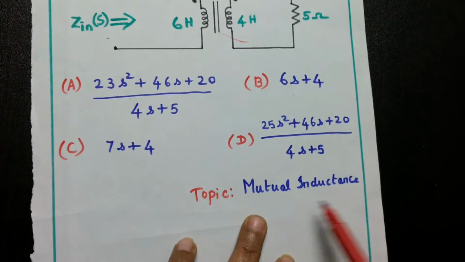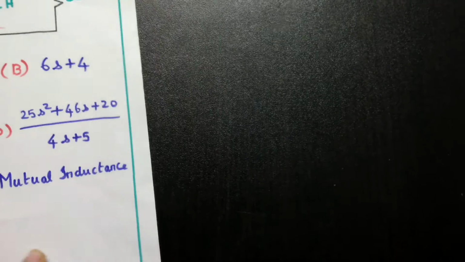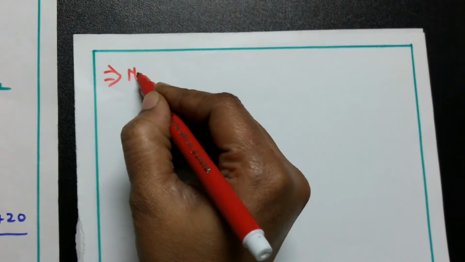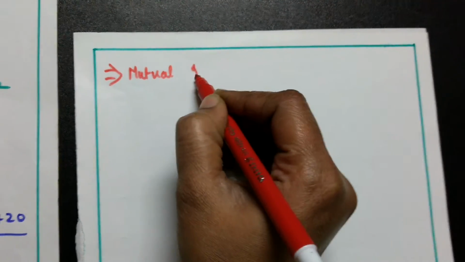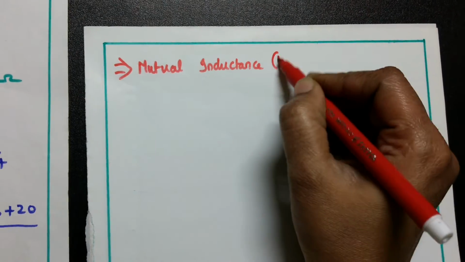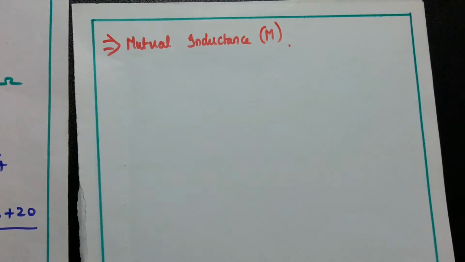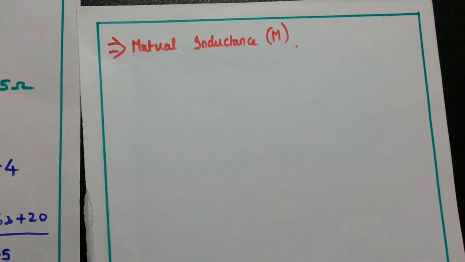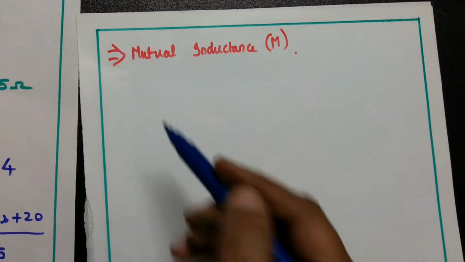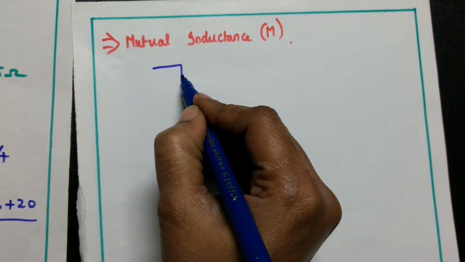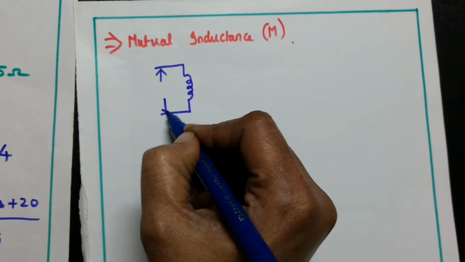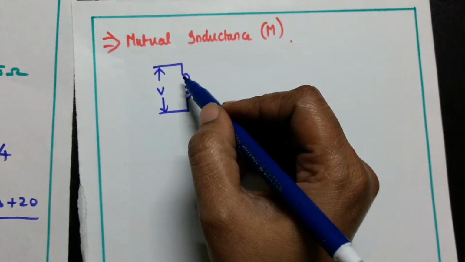First let me recall the mutual inductance concept. This constant is represented by the term M. Consider one coil excited by a voltage source.